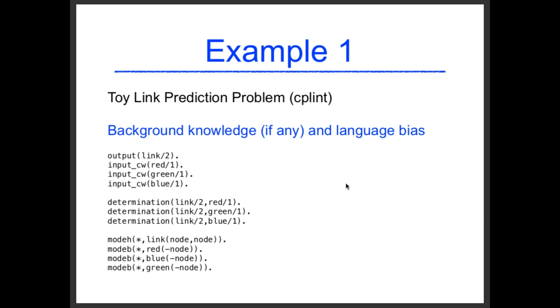And in the body, you have the colors, okay? And the determination means that you have clauses where you can have link in the head and red in the body, link in the head and green in the body, link in the head and blue in the body, basically. That's the meaning.